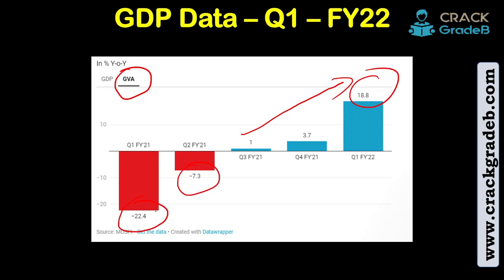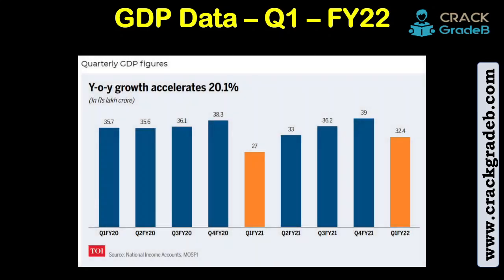But you see from here to here, huge degrowth and here huge growth, right? So what do we call it in economics? This is known as low base effect. We are going to see that in the next slide.